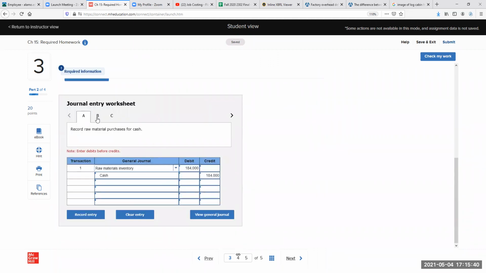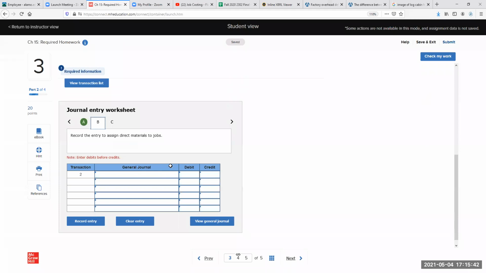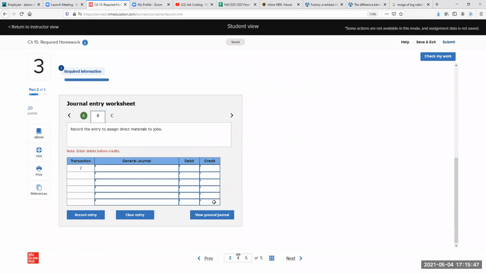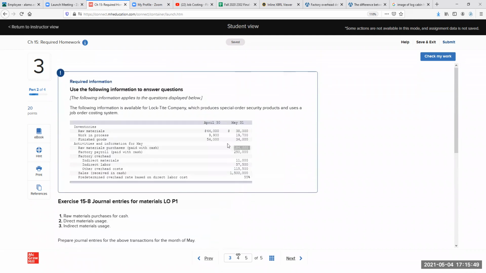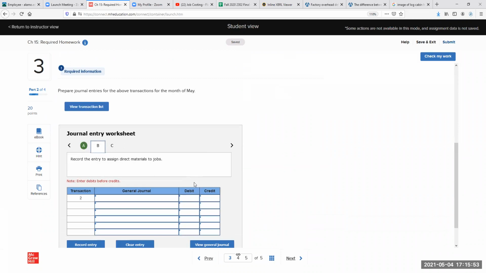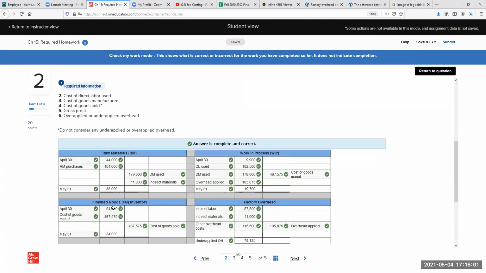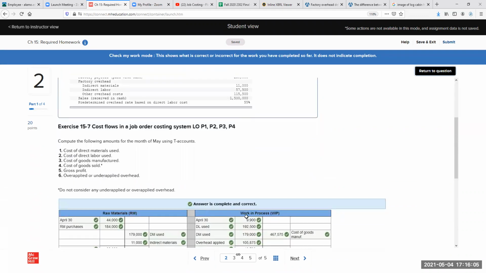All right. What's next? Record the entry to assign direct materials to cost. The direct materials to the cost. It doesn't say indirect materials. All right, so the direct materials we had that went out was 179,000.